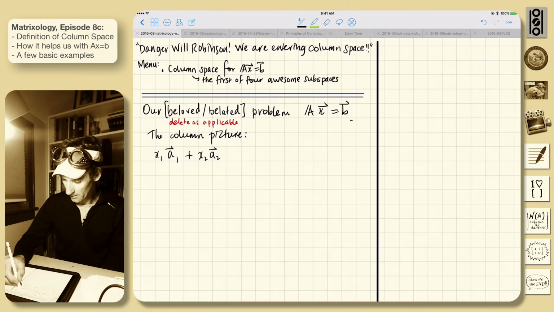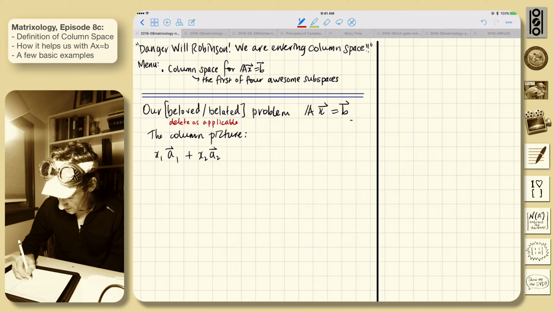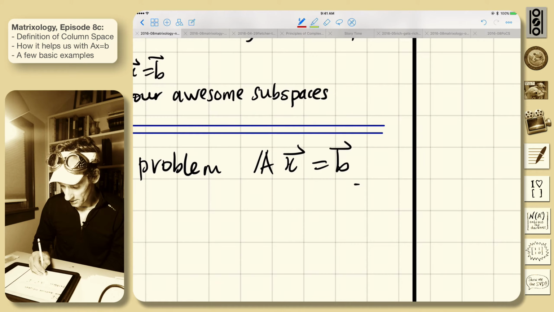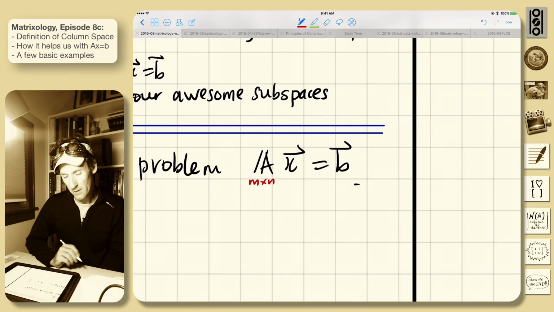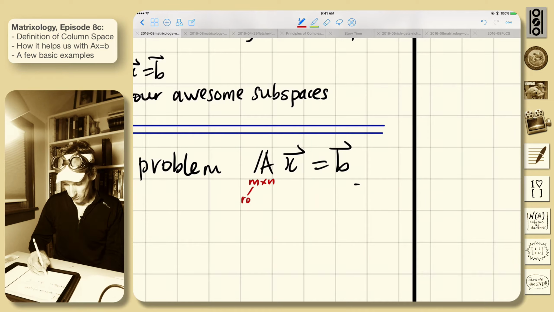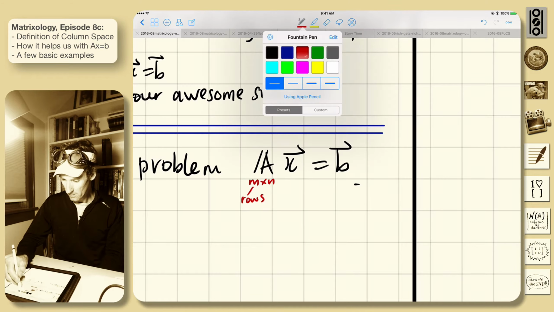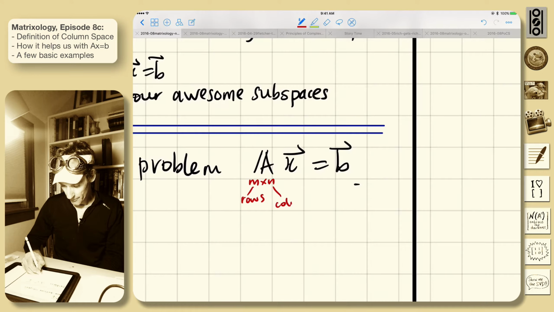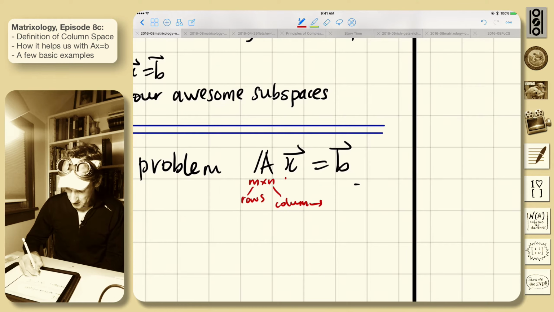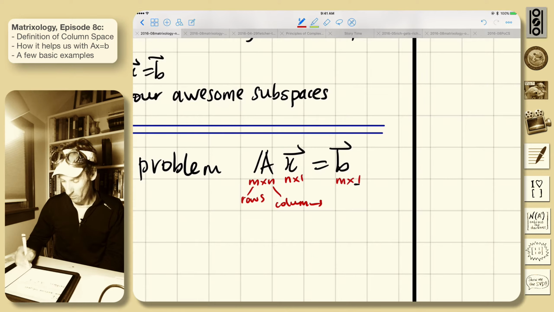So let me put the right things here. This is m by n, always, right? Number of rows, columns. Things have to match up. This is a vector. It's m by 1, and this is m by 1.